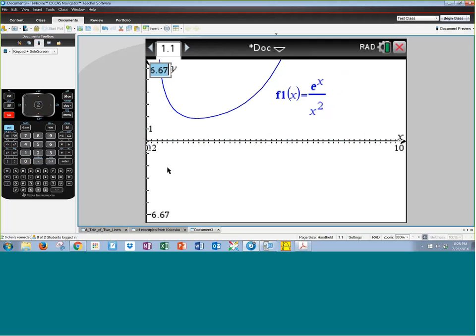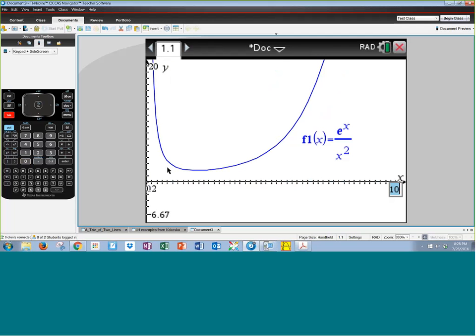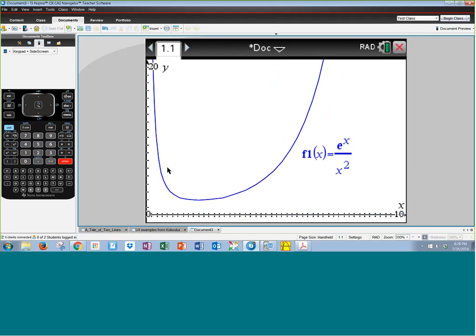So I might want a little larger value here, so let's just try something like 20. Now I do want to explore as x approaches infinity, so maybe 10 is okay here, and it looks like it's not going to matter a lot what I have as my y min, so I might put -1. And I have a nice graph here that I feel okay about as a confirmation of the limit that we got through L'Hopital's rule, that as x approaches infinity, so does f of x.